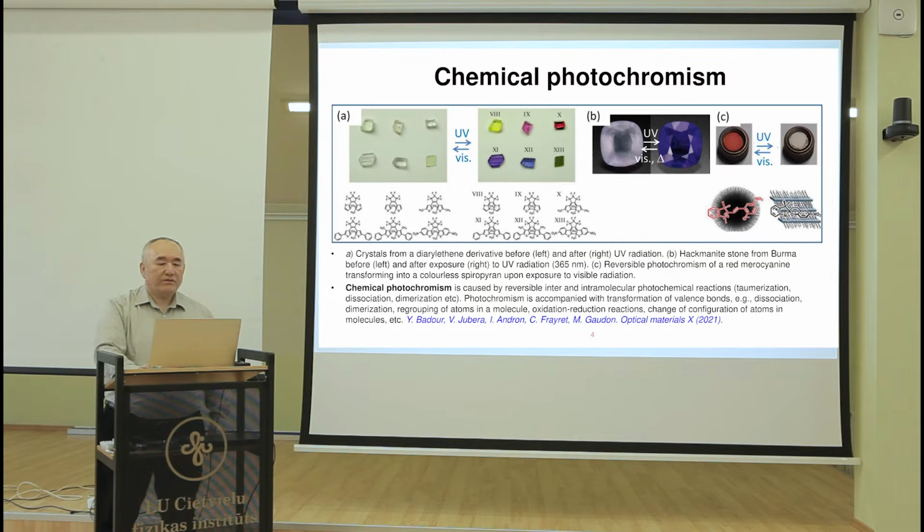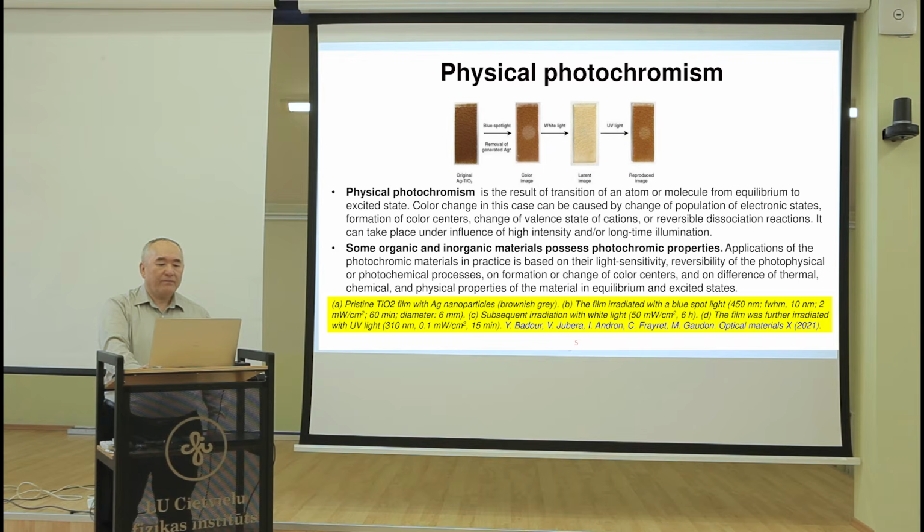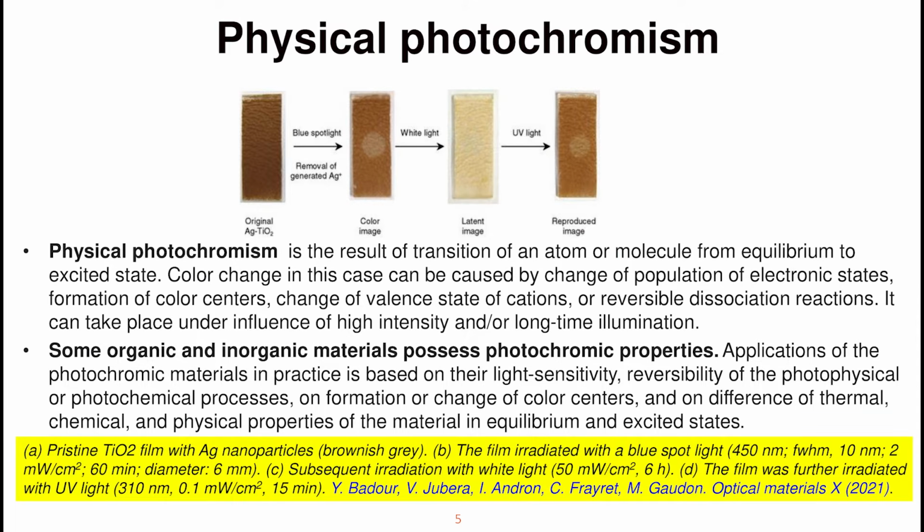As to chemical photochromism, there are today many materials that exhibit it. Under chemical photochromism, we understand a change of chemical bonding under the influence of electromagnetic radiation, when atoms and molecules regroup or undergo structural rearrangement under the influence of light. Under physical photochromism, we understand a change in the population of electronic states in the matter because of light.